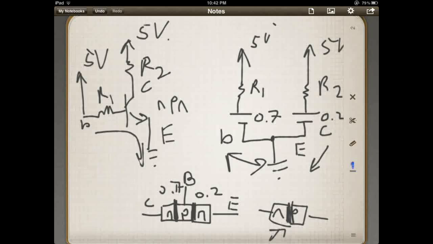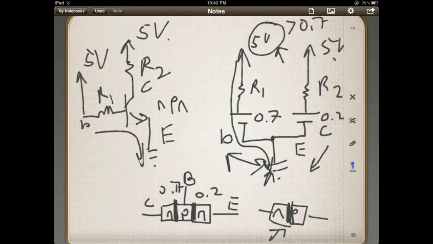So therefore, your voltage up here, with respect to the emitter, since we've grounded the emitter, has to be greater than 0.7 volts for current to flow.